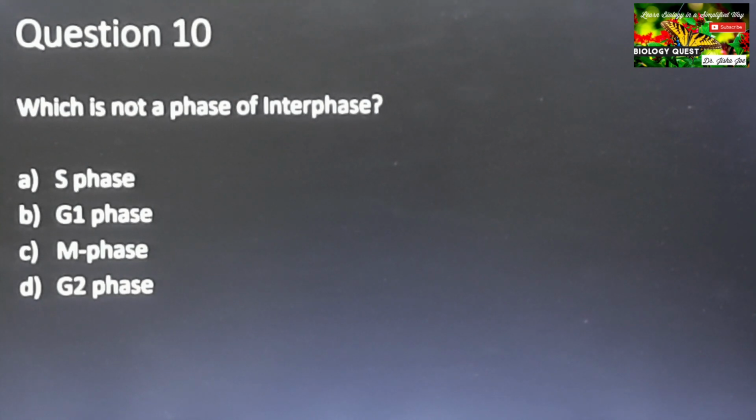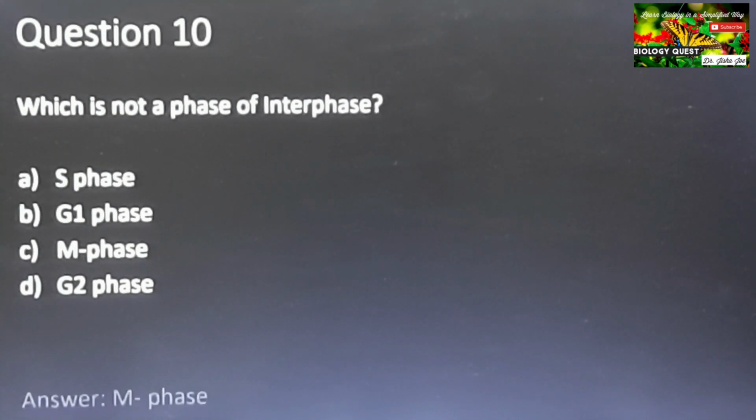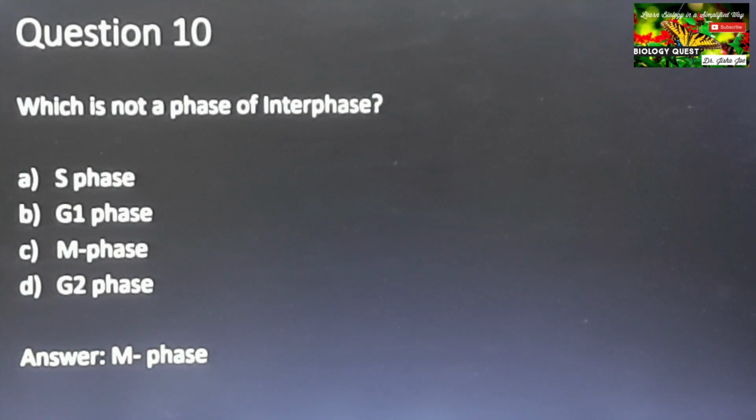So which is the correct answer? Option C, M phase. M phase is not a phase of interphase. S phase, G1 phase and G2 phase are the different phases of interphase. So answer is option C, M phase.